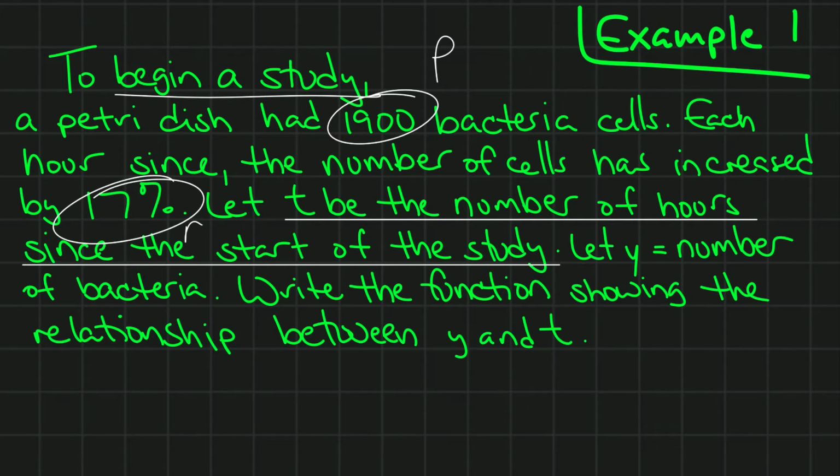So all we're going to do is plug that in to find the relationship between Y and T. Our Y is the value after time T. Our initial amount is the P, which we have as 1900.